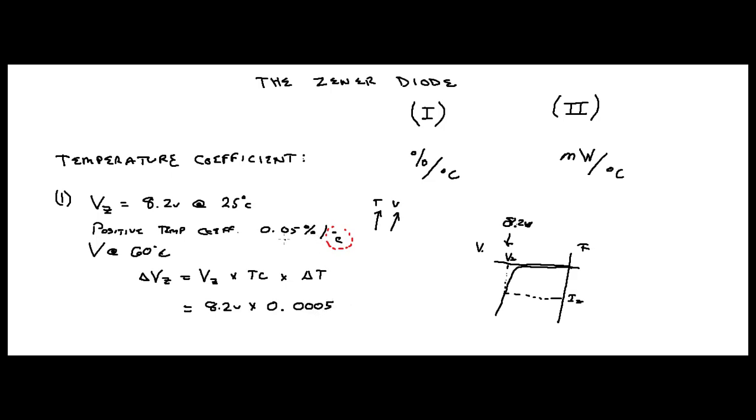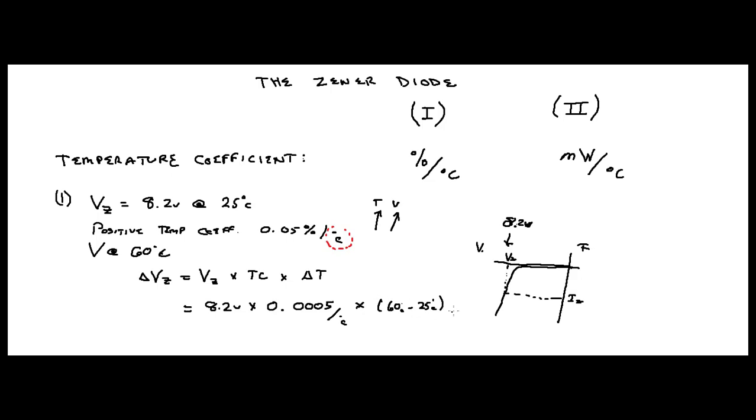This percent, you have to divide it by 100 to get rid of the percent, right? And that's actually per degree C times, well, your delta T. This is going to be 60 degrees C minus 25 degrees C. Got it?